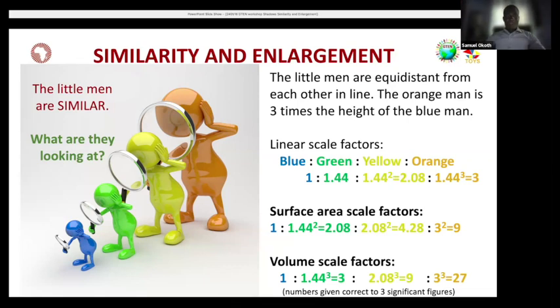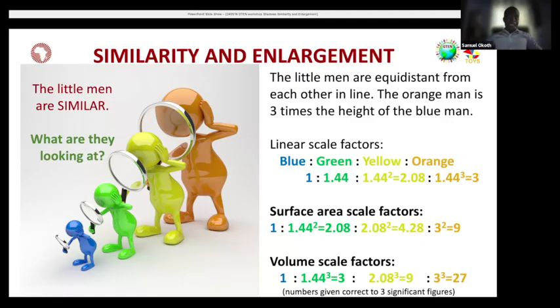The linear scale factor, or just scale factor, is just a ratio that is looking at the corresponding lengths. The first, the second, a little bit longer than the other as it goes on.